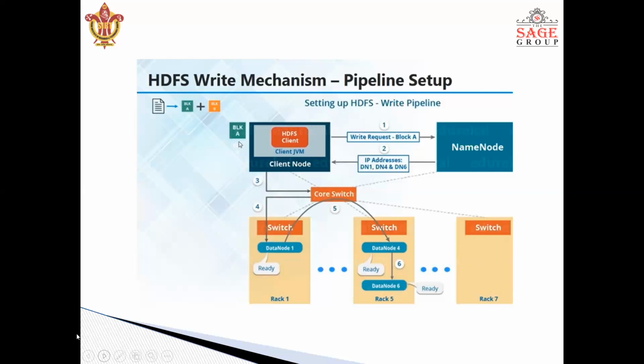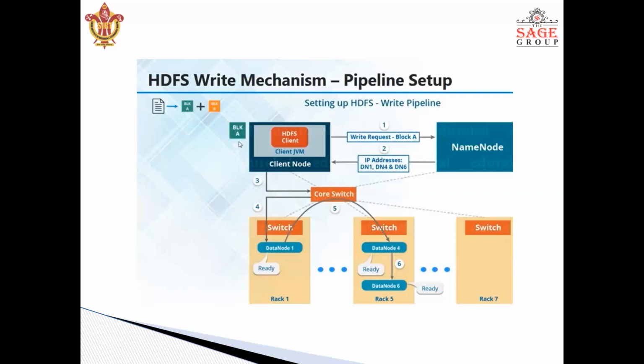It is shown in the diagram. So first we will learn how block A will be written in HDFS, that is, how to write a block across my data nodes.